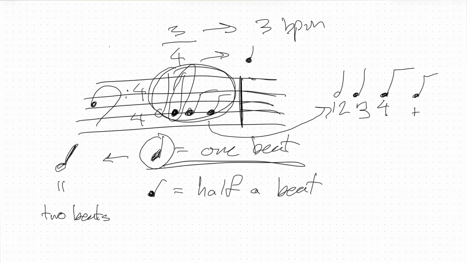So technically, if you want to be precise in your counting, you would say for your half note, 1 and 2 and, for your quarter note, 3 and, and then you would go on and say 4 and for your two eighth notes.